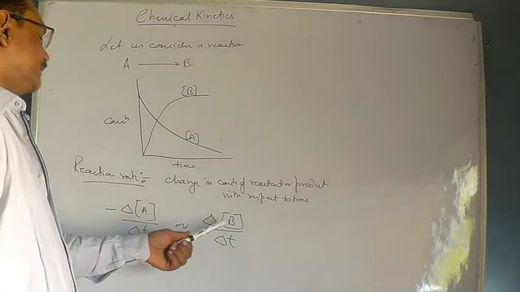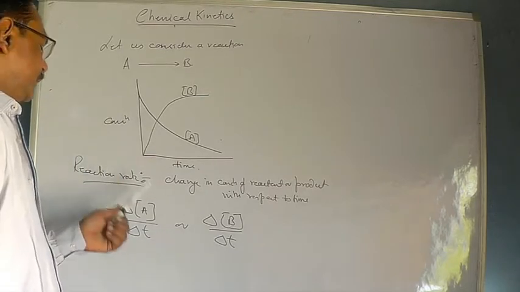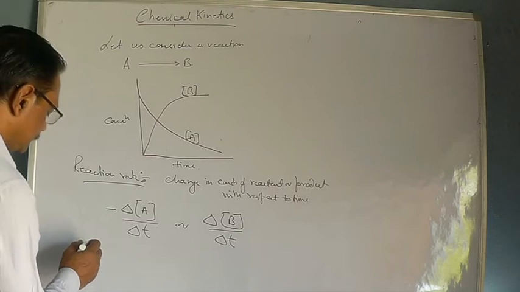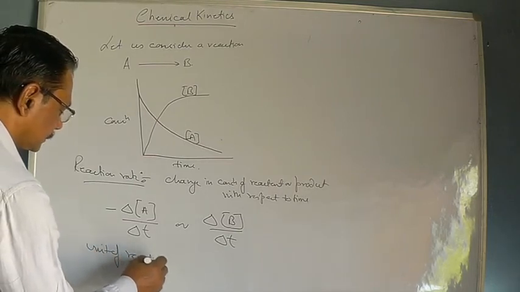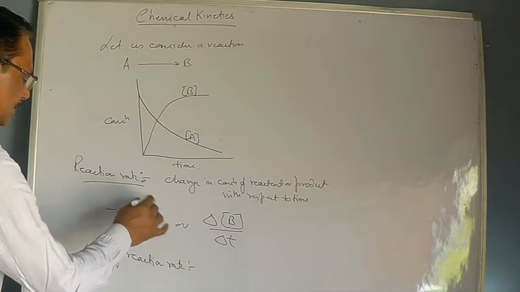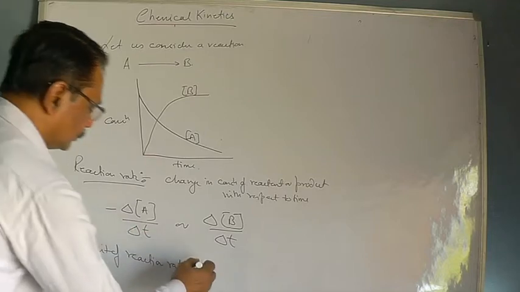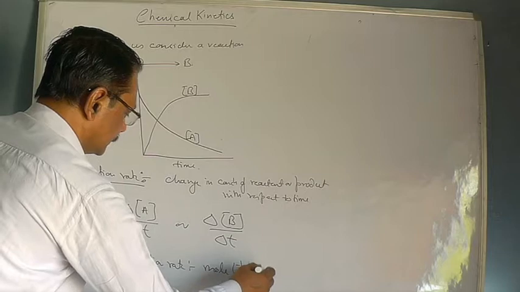So the increase in concentration of product with respect to time, or decrease in concentration of reactant with respect to time, is your rate of reaction. In the next step, the unit of reaction rate. Since this represents molar concentration, it is mole per liter divided by time. So mole liter inverse time inverse.